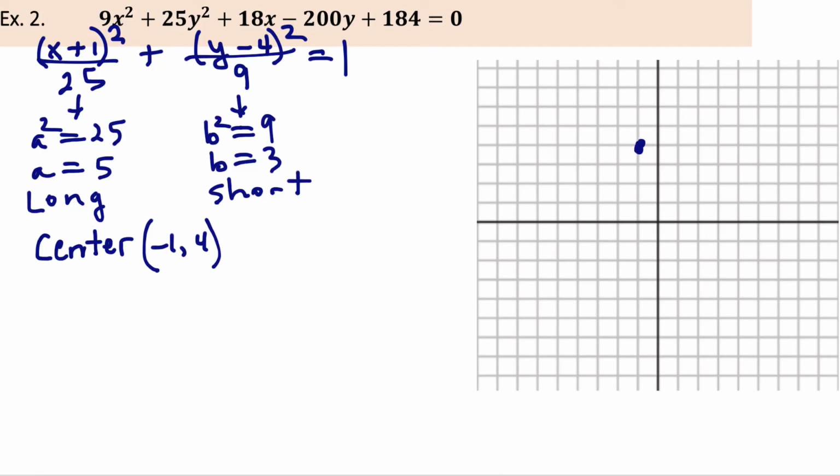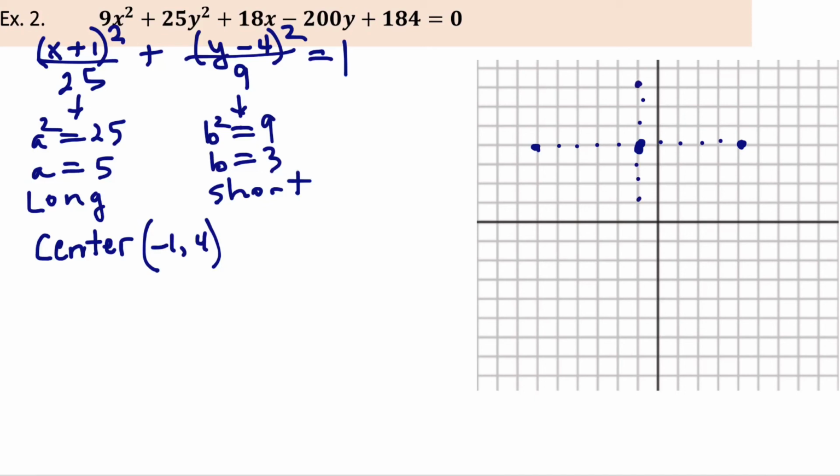All right, so I'm long on the X, so I'm going to go out 5, endpoint, endpoint. So these are my vertices. And then I'm short in the Y, 3. So these are my co-vertices.